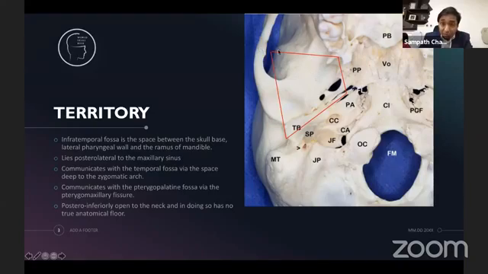This area is not too significant unless we're looking at giant cell tumors, which are generally focused around the greater wing of sphenoid. The infratemporal fossa communicates with the pterygopalatine fossa via the pterygomaxillary fissure. This area is more a territory to be dealt with by anterior skull base surgery, and not so much purely by the lateral approach.